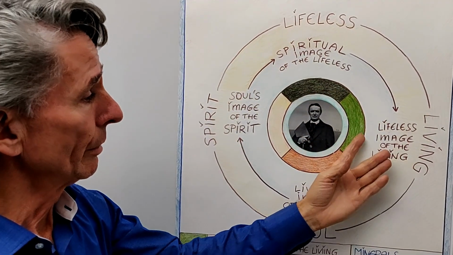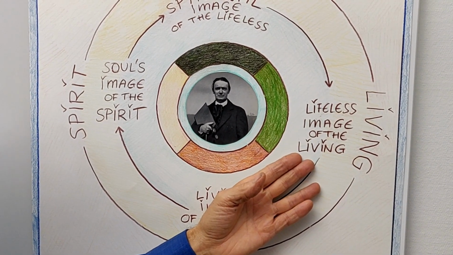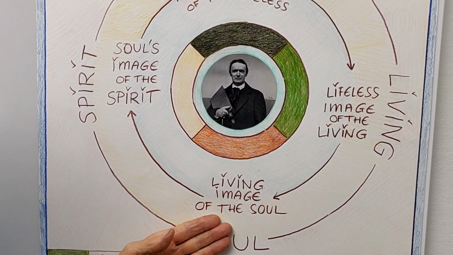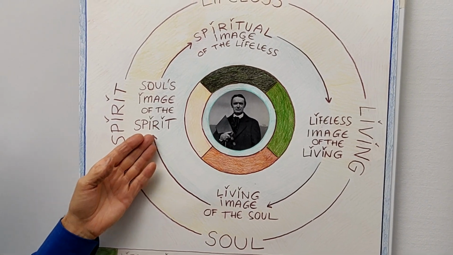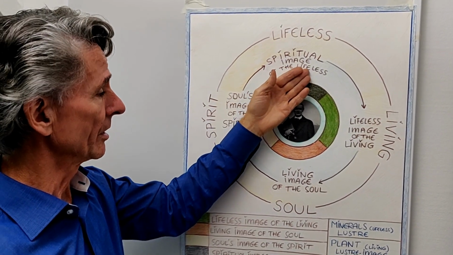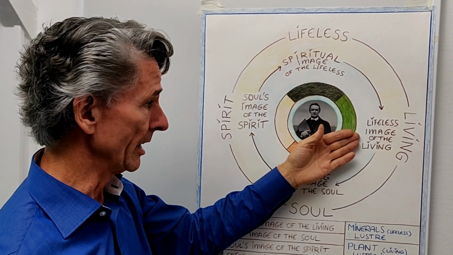So if we go to the green, it is the image of the living. Incarnation color is the image of the soul. White is the image of the spirit. And black is the image of the lifeless, of the death. But now we have words to this image.